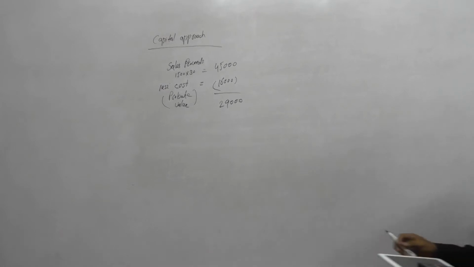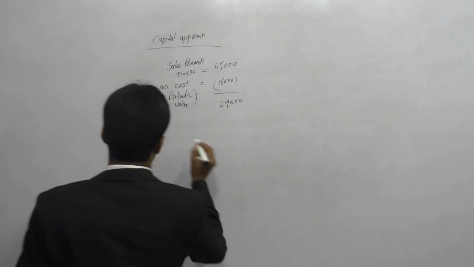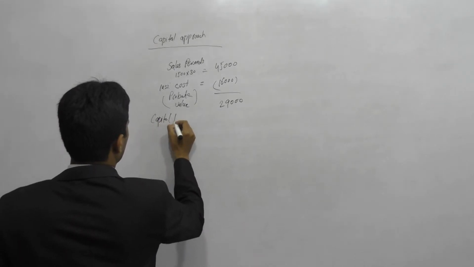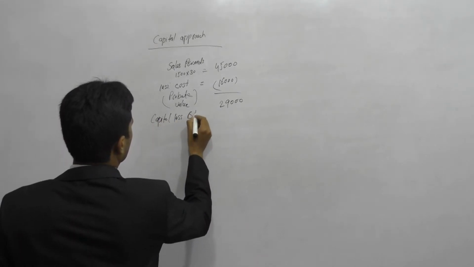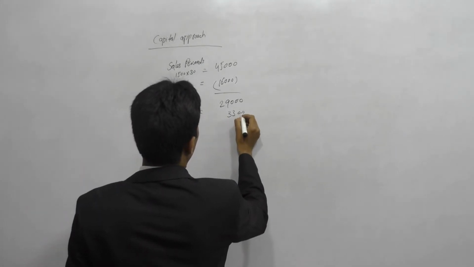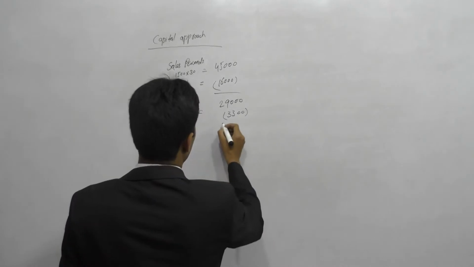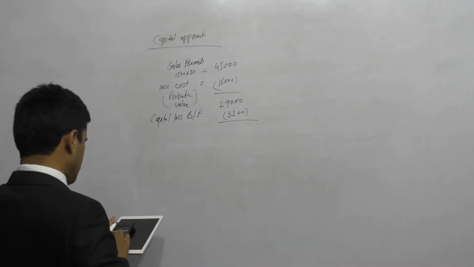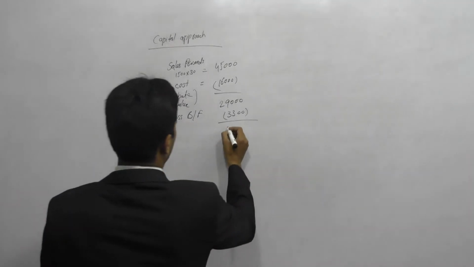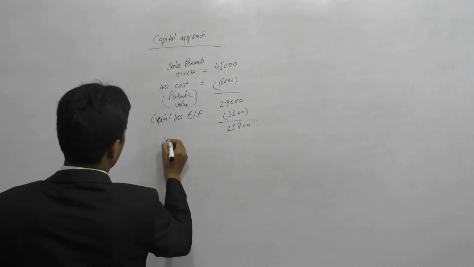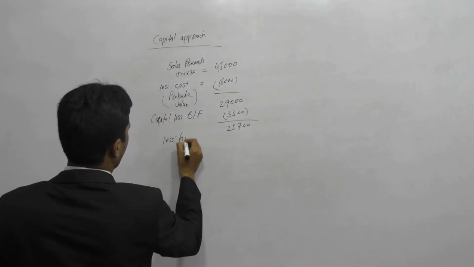So we'll deduct the capital losses brought forward first. £29,000 less 3,300 is 25,700. Right, now we need to deduct the annual allowance or annual exemption.